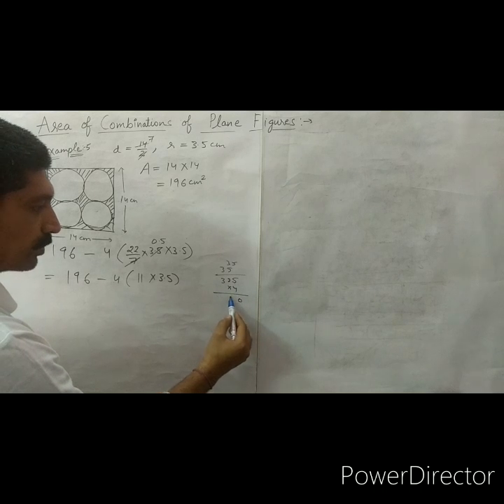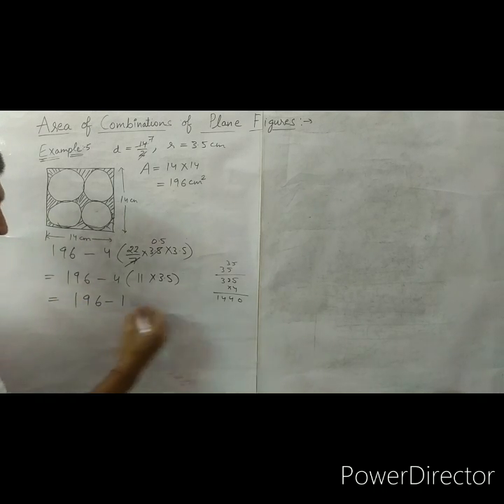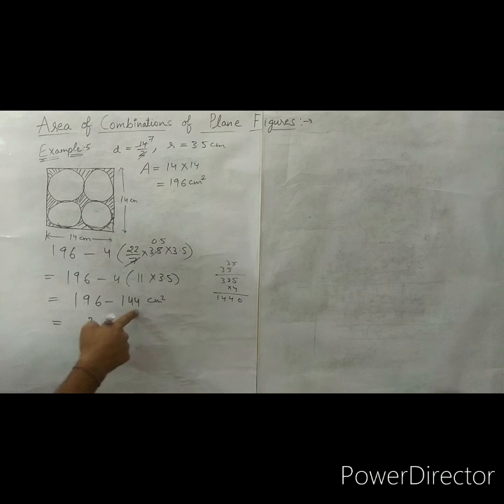So we have the area of the shaded portion is 196 minus 144 centimeter square. So here the shaded area is equal to 52 centimeter square.